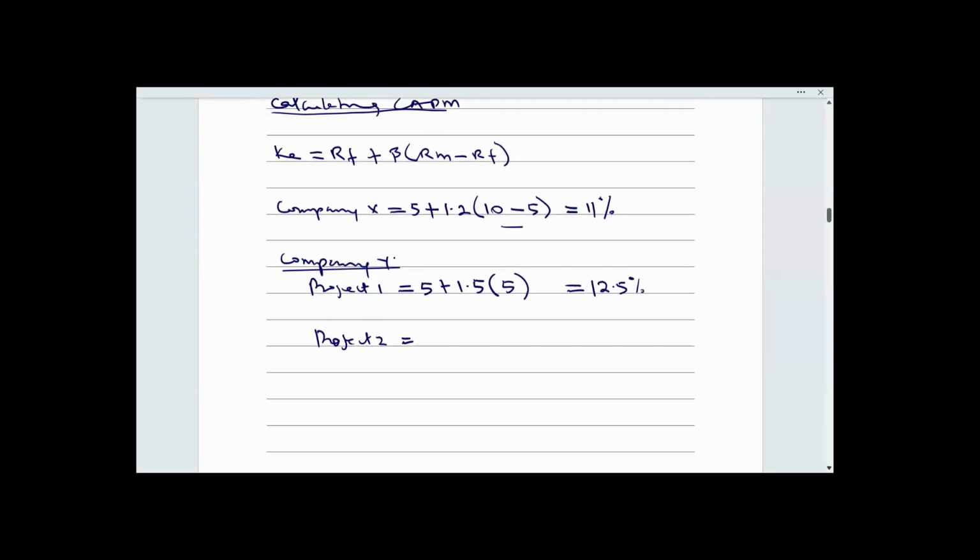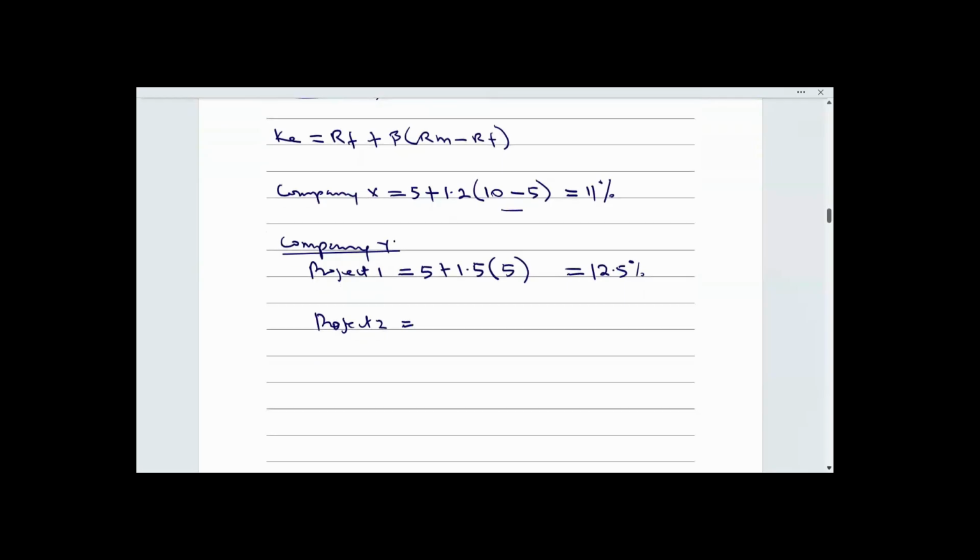All right, for project 2, the risk premium is still 5. What's the beta factor of project 2? 1.5, okay, into 5. So it will be the same thing, 12.5%.